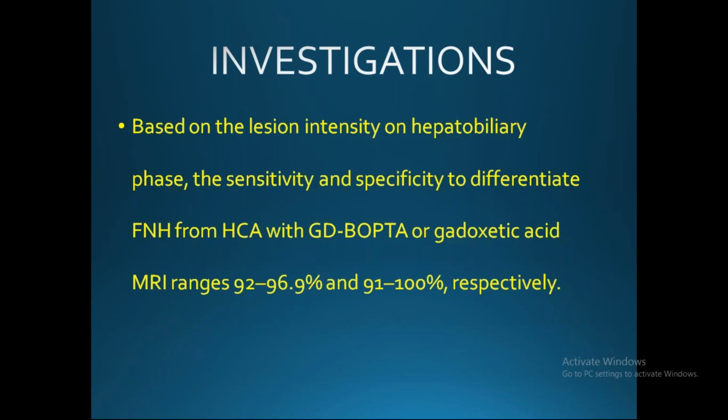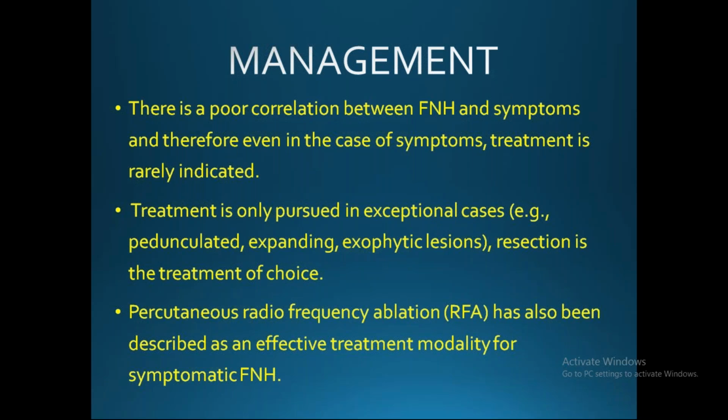The sensitivity rate is about 96% with the MRI. Again, as it is a benign lesion, more commonly you don't need to intervene. If there is a symptomatic presentation, then treatment is indicated.